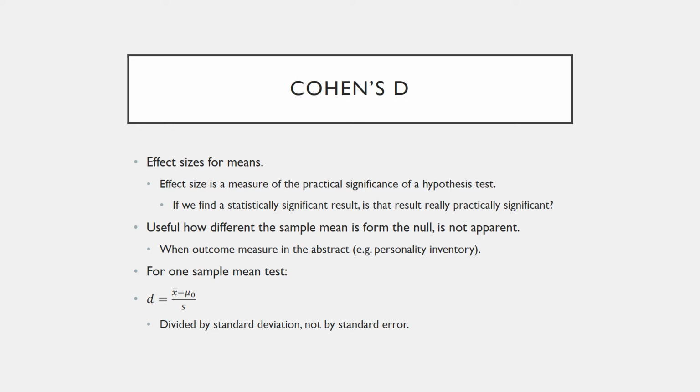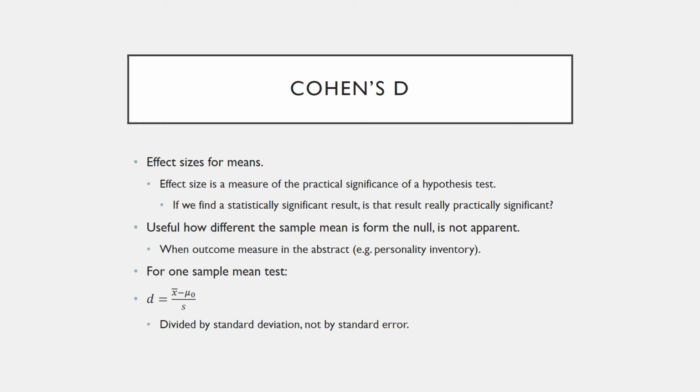When we talk about minutes, it's a little easier to see if that difference is practically significant because the outcome measure is something concrete, it's minutes. But if you have something that is abstract, like you have the people in your study fill out a personality inventory, and you want to see if they differ from a certain value in conscientiousness, then the effect size there is going to be a little more ambiguous.